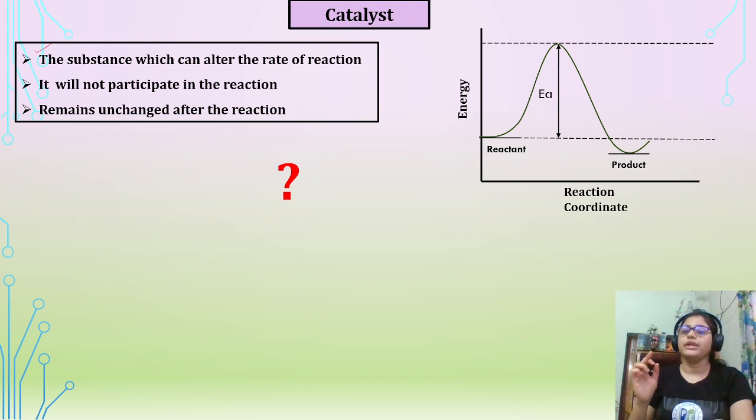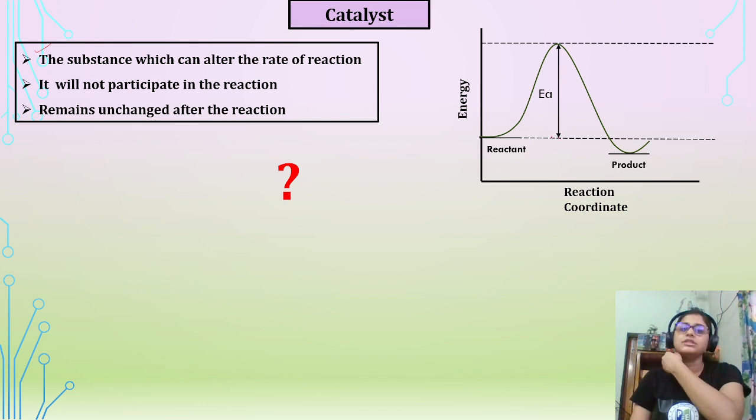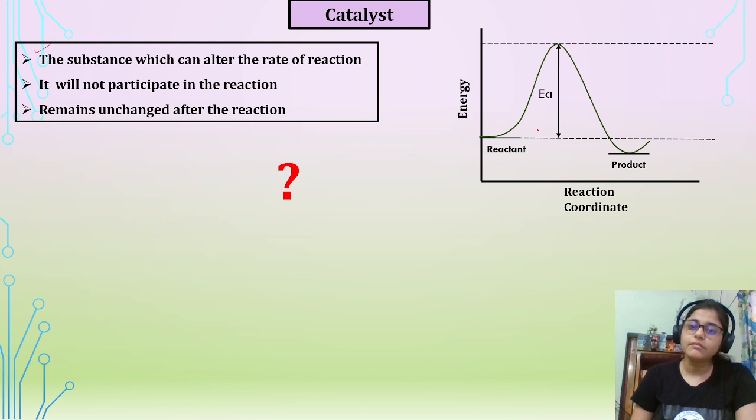I told you previously when I was teaching the Arrhenius theory, in that video you will find what activation energy and threshold energy are. The activation energy is the amount of energy needed for the reactant to convert into the product. This is the extra energy needed for the reactant. This is the transition state, we know.